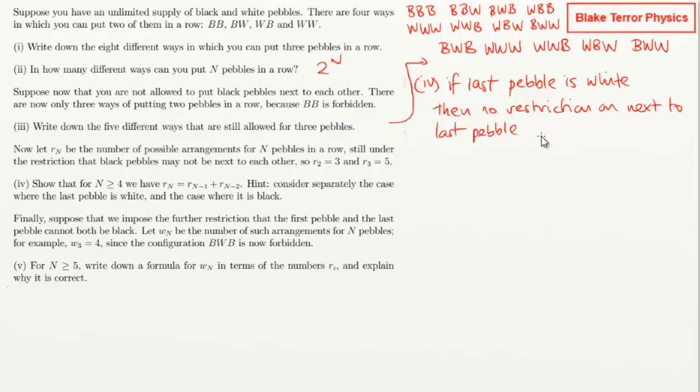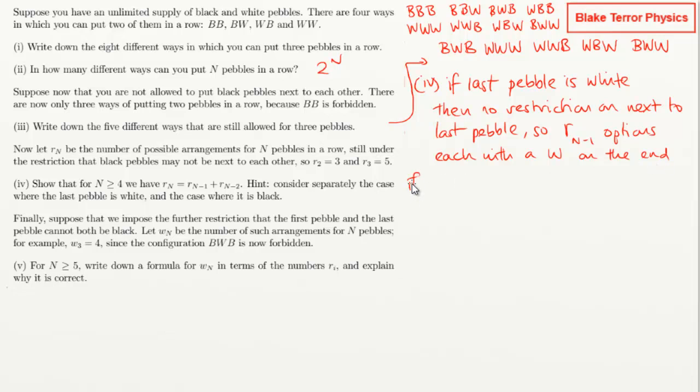So we'll have Rn minus 1 as the number of options for that, isn't it? So we're going to have Rn minus 1 options, each with a white on the end.